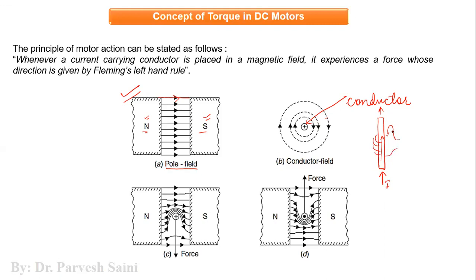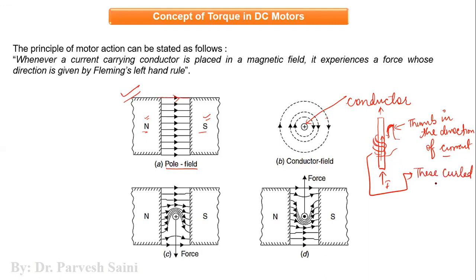If you put the thumb in the direction of current, then these curled fingers give us the direction of the magnetic field around the conductor.